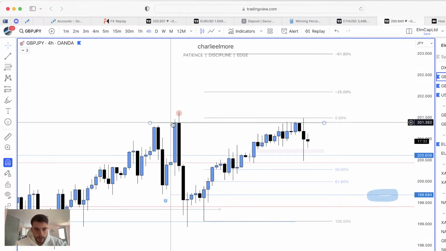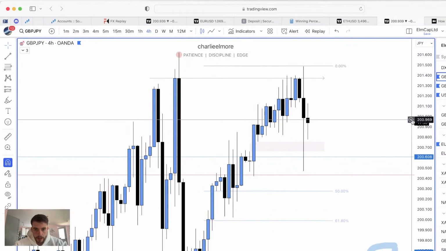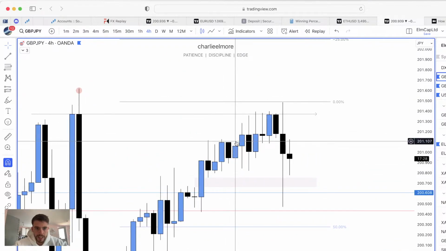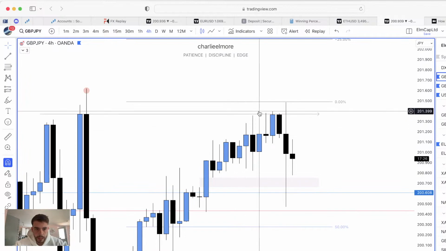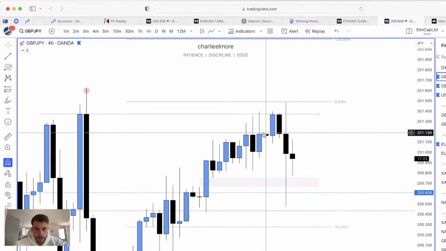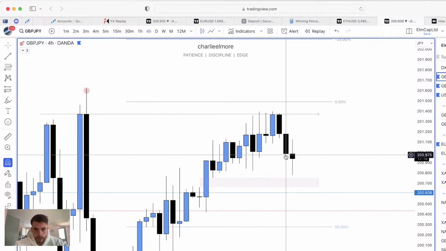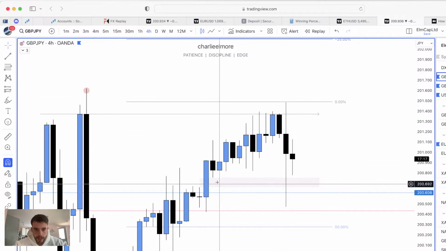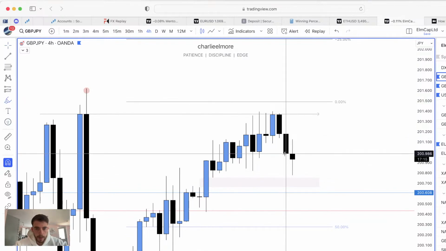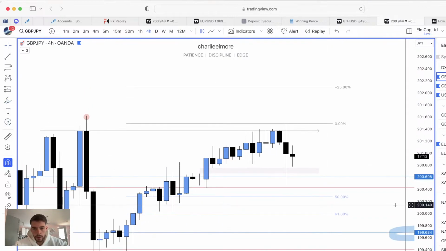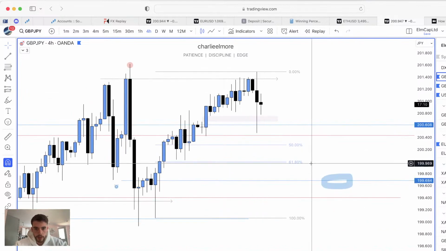Bring in that area, the 2 bodies of the candles. You can see how that's been a very, very significant level for price. We've wicked into it, wicked into it, wicked into it, bearish candle. Yes, we've filled this, but we've still got room to come down to the downside.